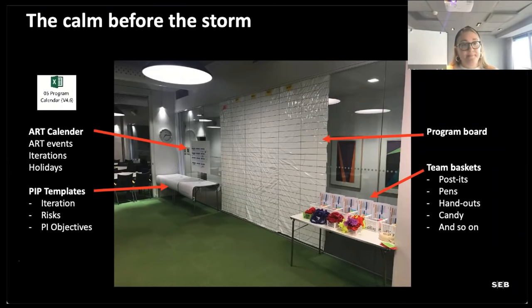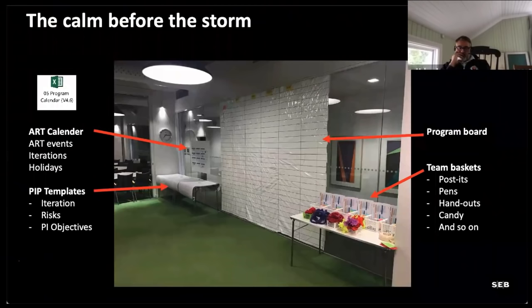And one thing, if we jump away from this little PI planning room. Can I ask a question on the room itself? Yeah, absolutely. I've only worked as an RTE during COVID-19 restrictions, so we've always worked with Miro and digital meetings.